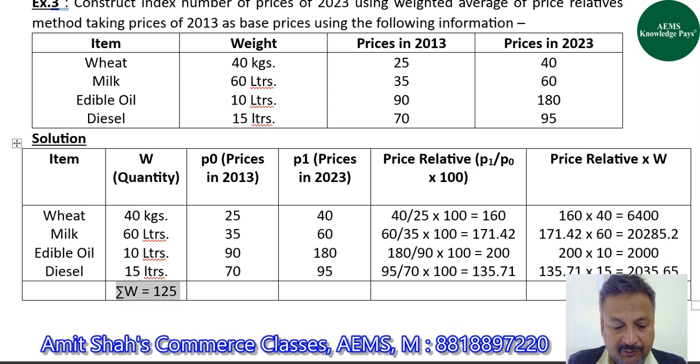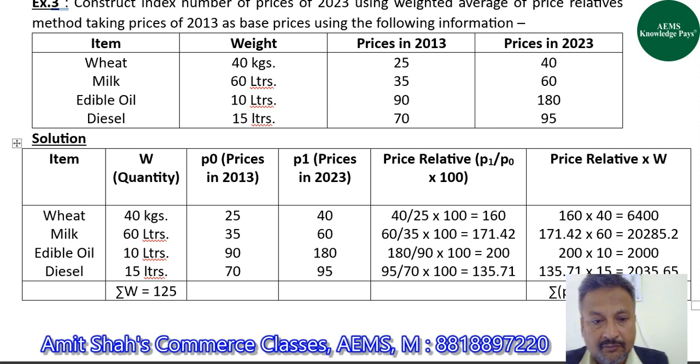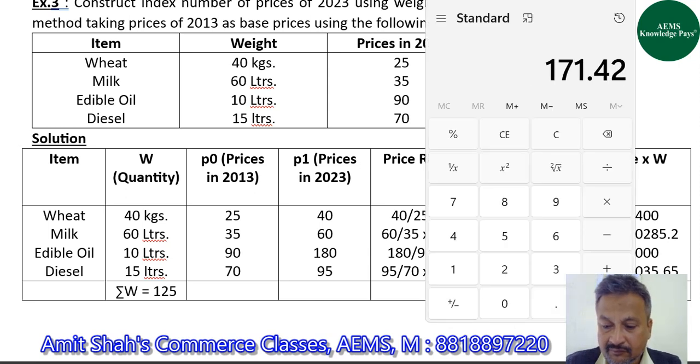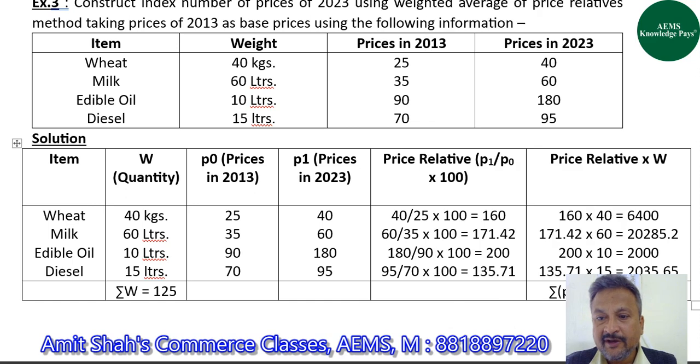And here we take sum total of product of price relative and weight. 171.42 into 60 is 10285.